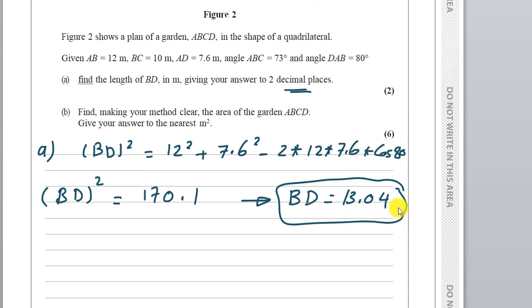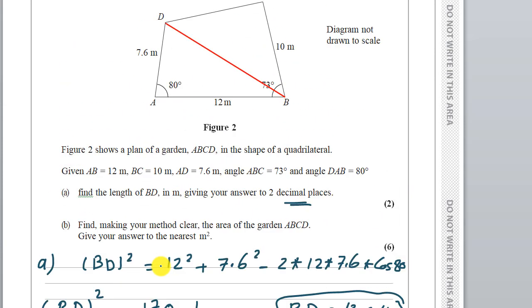So BD is 13.04, of course, meters. Now, find, making your methods clear, the area of the garden ABCD, giving your answer to the nearest square meter.